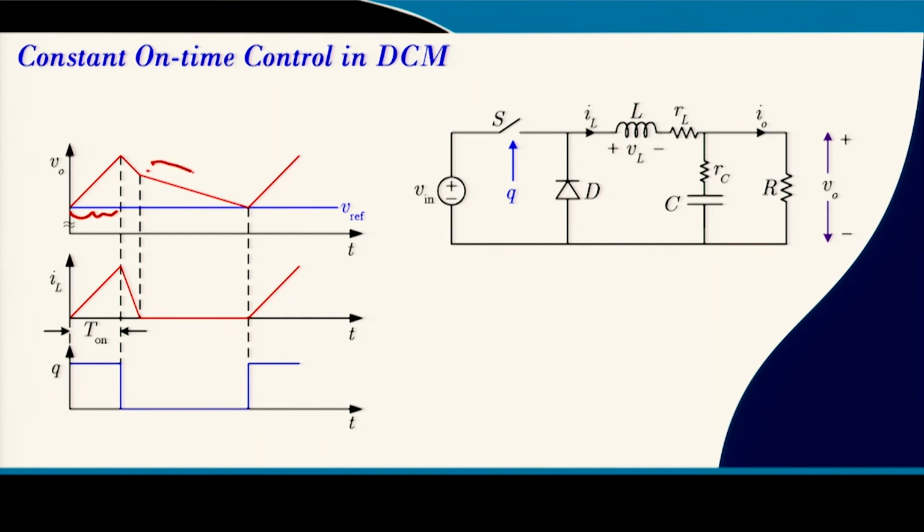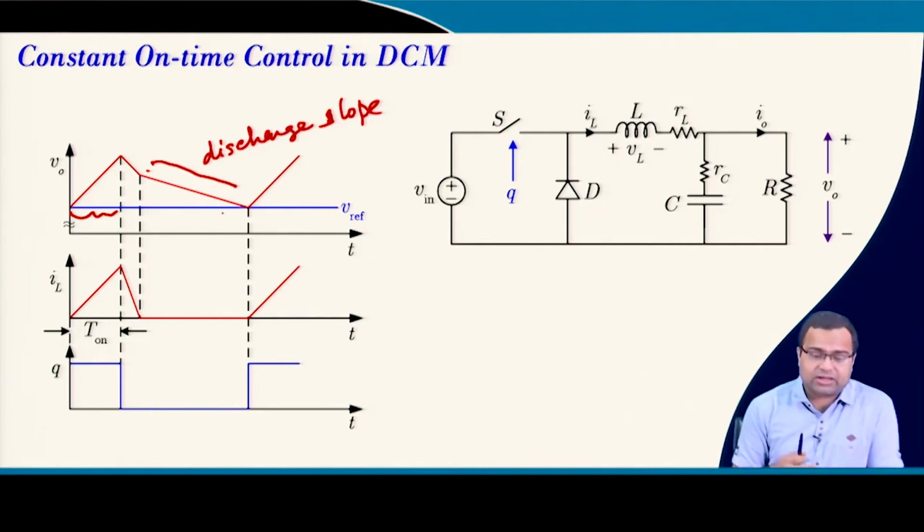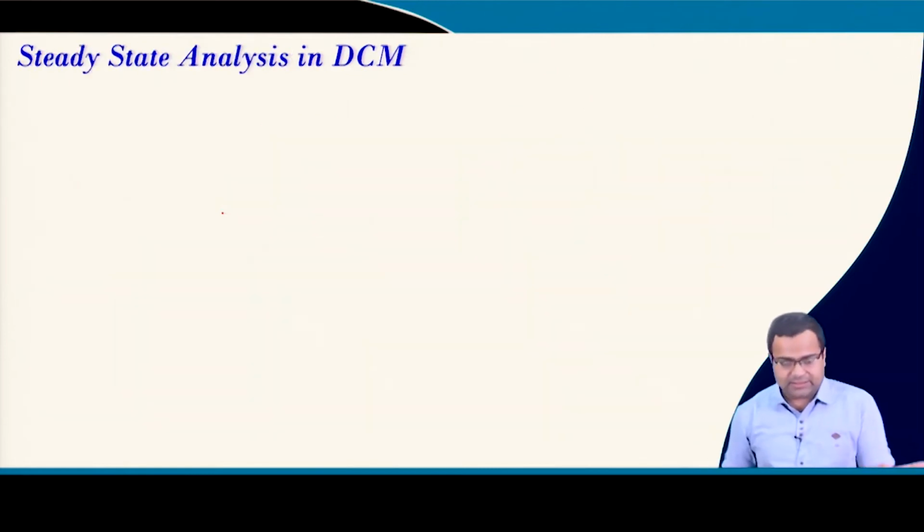This is the discharge slope, and how does it vary? Because during zero inductor current, this will be purely dependent on the amount of load current. That means, the higher the load current, the faster the rate of discharge; the smaller the load current, the slower. So accordingly the time period will be adjusted.